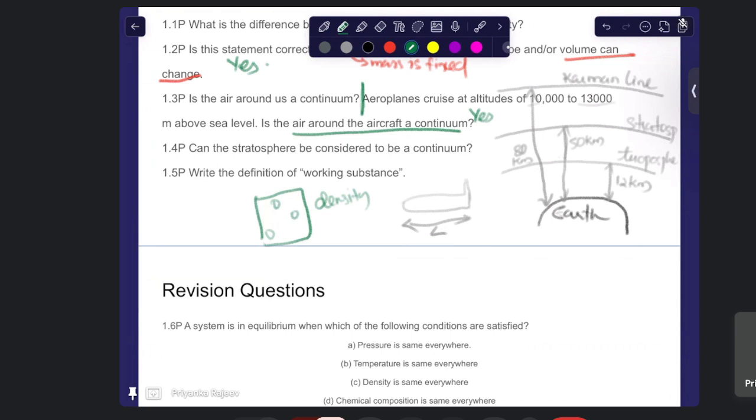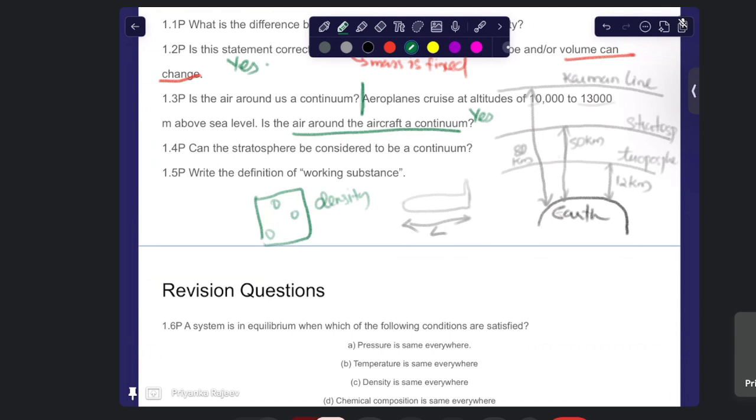Now it depends on what sort of characteristic length we are looking at. For example, for bigger things like an aeroplane or jet aircraft, which usually fly in the troposphere, we assume it as a continuum. For a jet, we think it is cruising in a continuum, and that is how we calculate the lift and everything. But for something very small, for example a bird, we cannot treat it as a continuum.